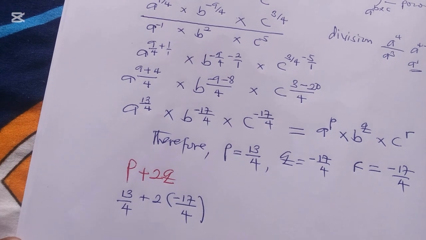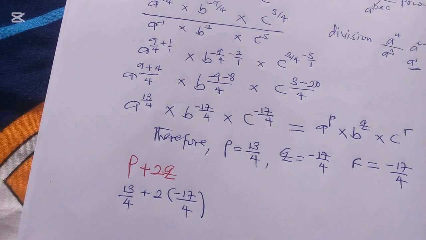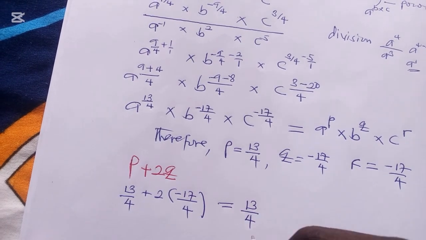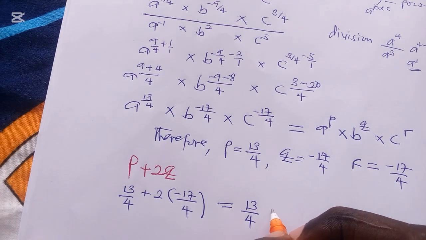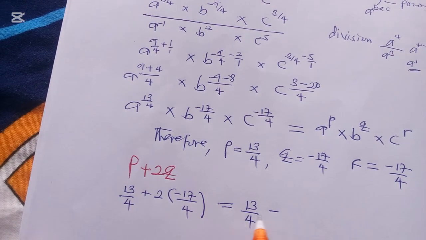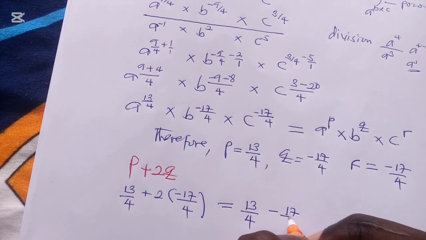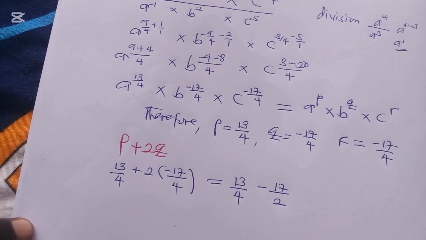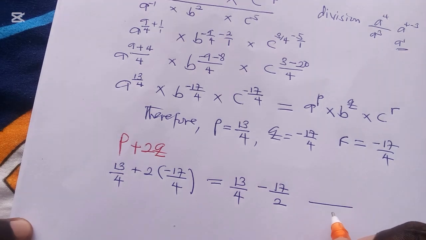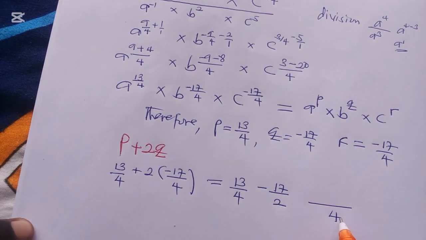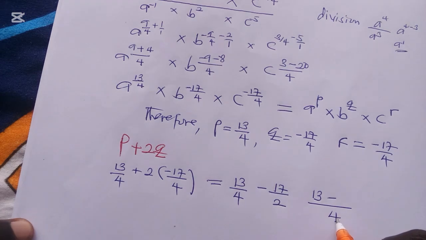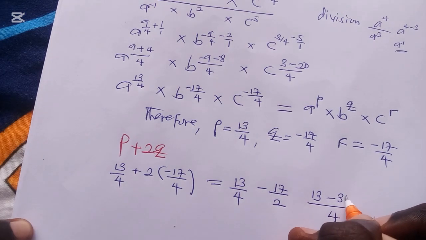Okay, now this becomes 13 upon 4. This becomes minus, we know 2 into 4, 2 times, this becomes minus 17 divided by 2. Now from this point, if you find your LCM between 4 and 2, it is 4. 4 into 4 is 1 times 13, this is 13, minus 2 into 4 is 2 times 17 giving 34.